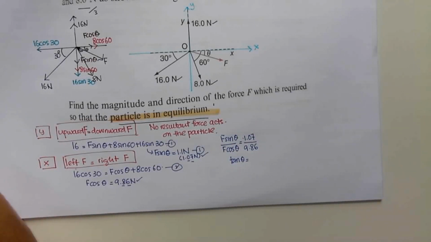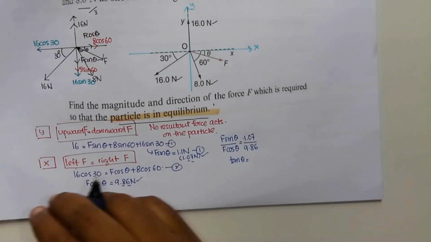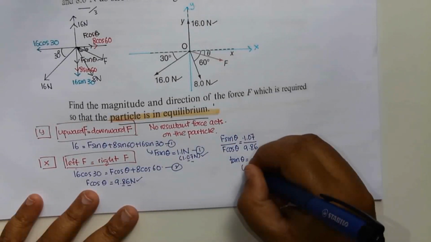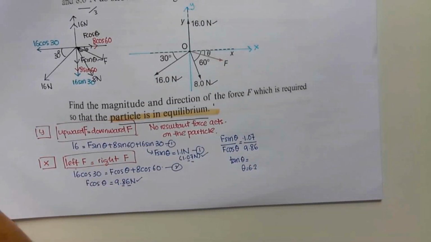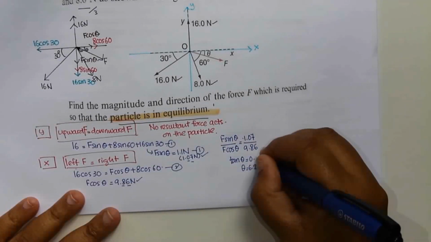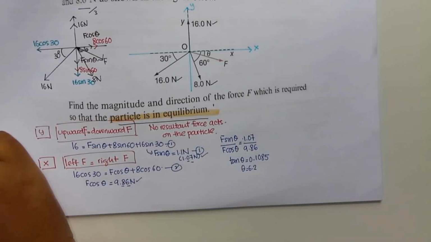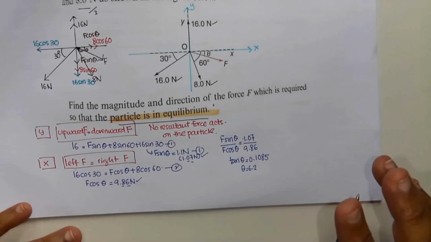Shift tangent of 0.1085, I get 6.19, which I'm going to put as 6.2.